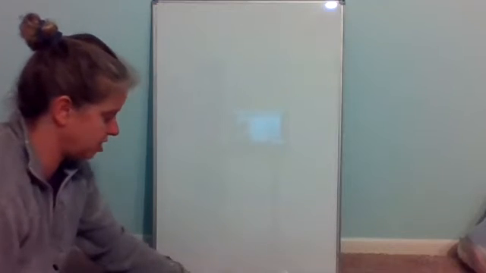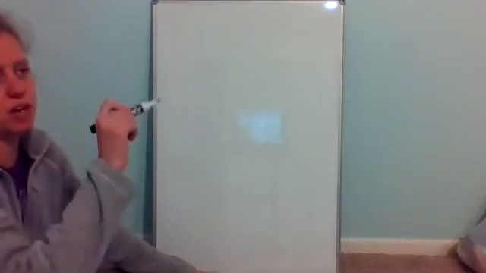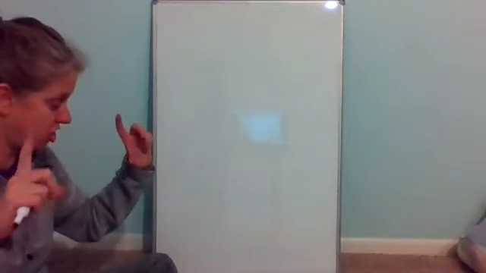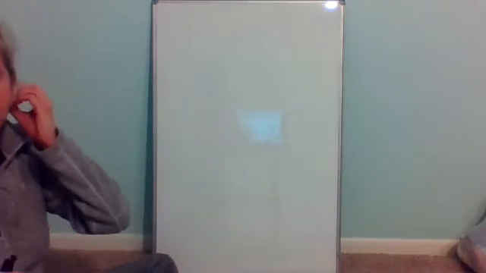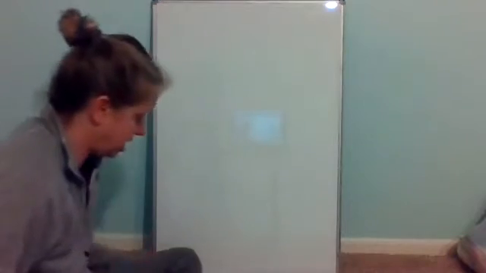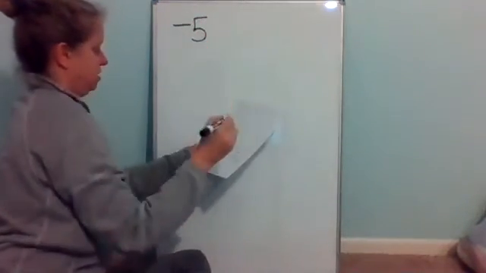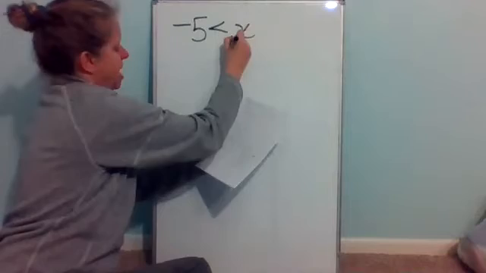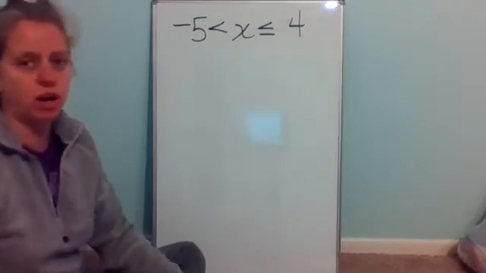Okay, number 10. This is when we were getting into the last things that we were doing with the number lines and the interval notation that had open parentheses and brackets and things like that. Okay, so let's see. It says -5 is less than x, which is less than or equal to 4.